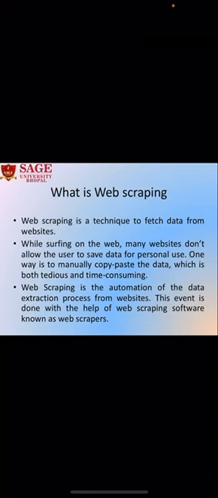Web scraping is the automation of the data extraction process from websites. This is done with the help of web scraping software known as web scrapers. They automatically load and extract data from the websites based on user requirements. These can be custom built to work for one site or can be configured to work with many websites.